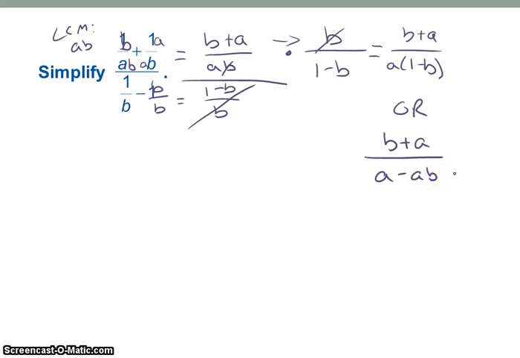I'd recommend not. First of all, it limits simple errors, and second of all, you don't have to. So this would be preferred, but if you really need to write it for yourself that way, you can. Just to take care of my excluded values, it looks like a and b cannot equal 0. Additionally, b cannot equal 1.